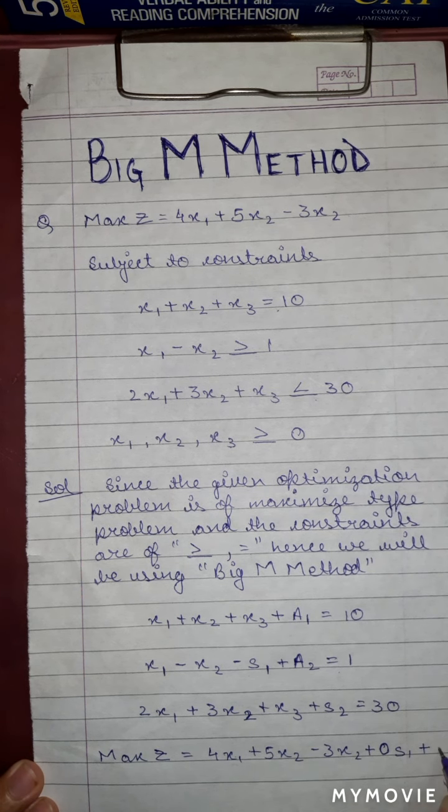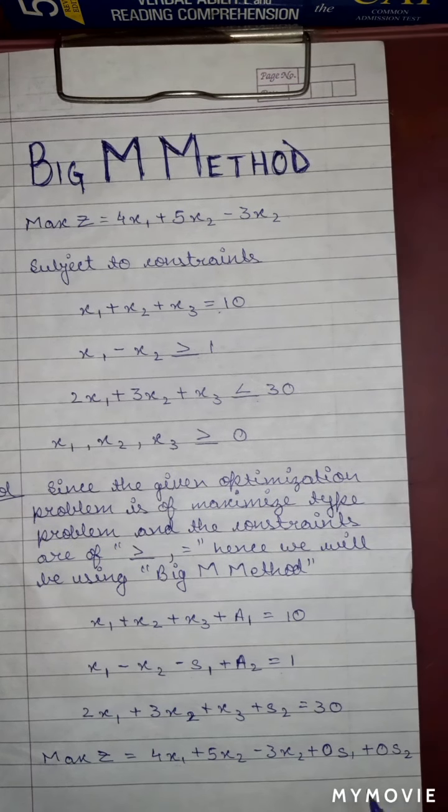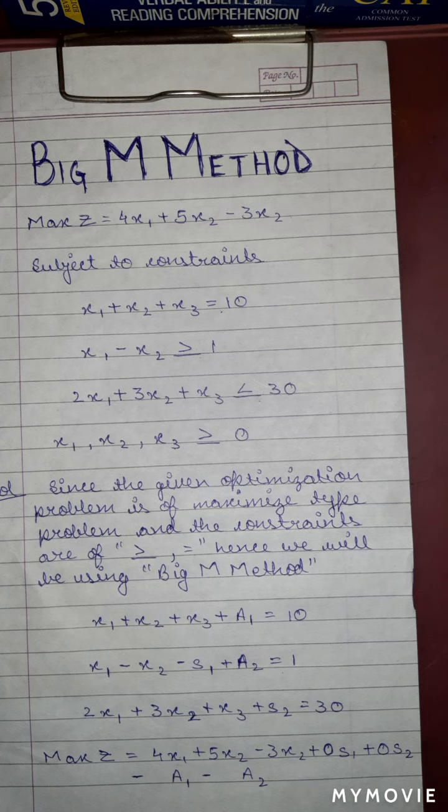Same goes with s2. s2 is our slack variable, so we will be multiplying it by 0 and we will be subtracting a1, a2 and we will be multiplying these by M. M here is the biggest value we can assume.